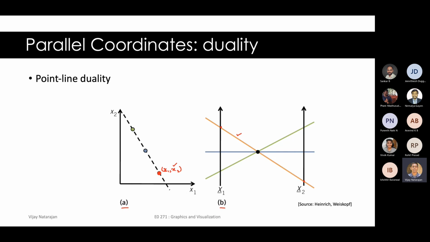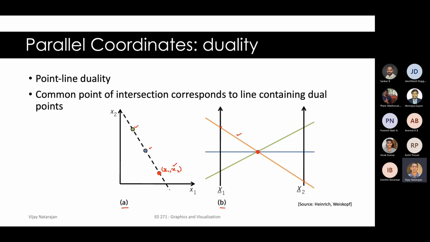So this duality can be taken forward if you have collinear points. So for example, the green point, the blue point, and the orange point are collinear. This corresponds to line segments that pass through a common point, right? And there are similar duality properties that you can think about when you extend this to polylines.